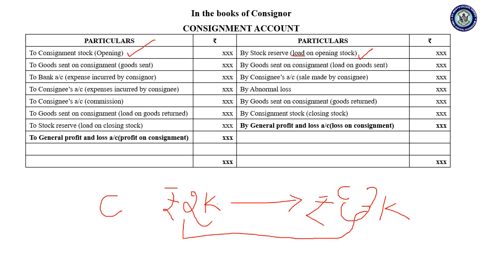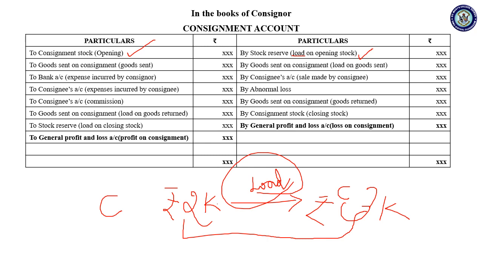The difference you get is the loading. So the difference between cost and the invoice price is the loading price. Why do we term it loading? Because that is not a profit. Though you consigned at the higher rate, it is not a profit, because you are not selling the goods to the consignee. You are just dispatching the goods from consignor to consignee, so it is termed the loading price.